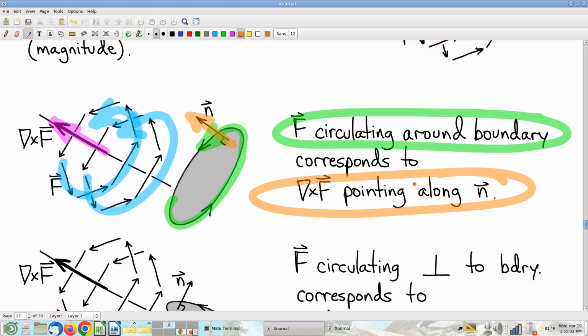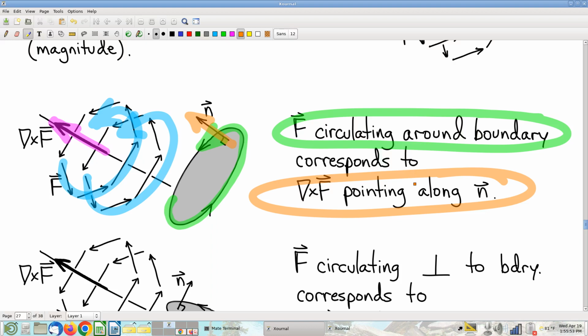And I pose this as a non-coincidental feature of geometry, that when you have the fluid rotating around the same way that the boundary is rotating around the surface, right?